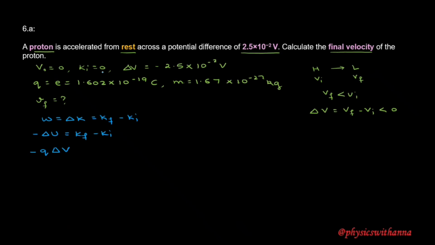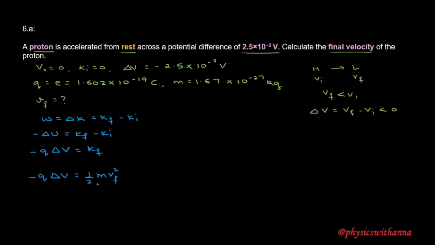Here K initial is 0 as the initial speed is 0. So we are only left with K final. Since we want to find the final velocity, we will use the relationship of kinetic energy and speed. So we write negative Q delta V equals half m v final squared. We want to find what is v final, so we will rearrange the term here.